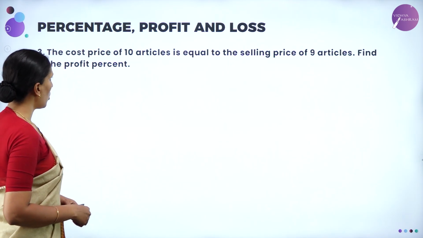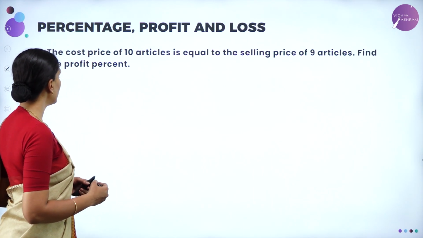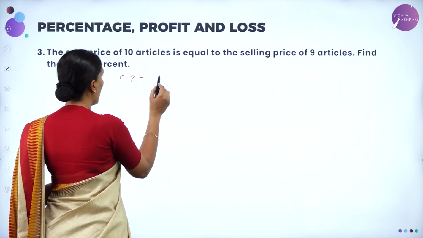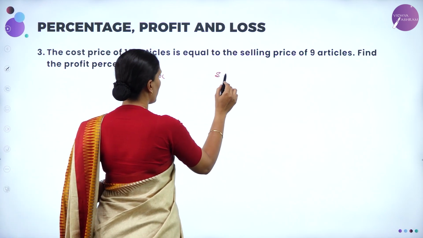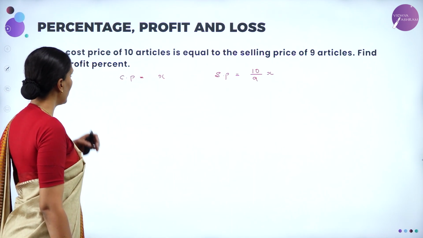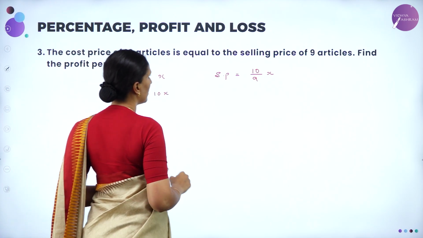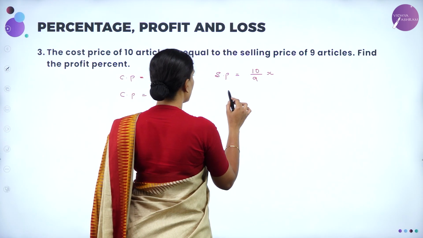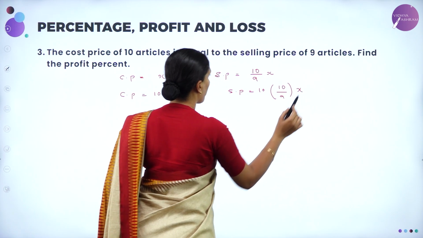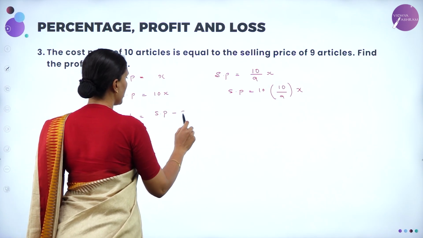Next question. The cost price of 10 articles is equal to the selling price of 9 articles. Find the profit percentage. Suppose the cost price of one article is X. Then the selling price will be 10 by 9 X. If the cost price of 10 articles is 10x, then the selling price of them is 10 into 10 by 9 X. Now the profit is always equal to selling price minus cost price.